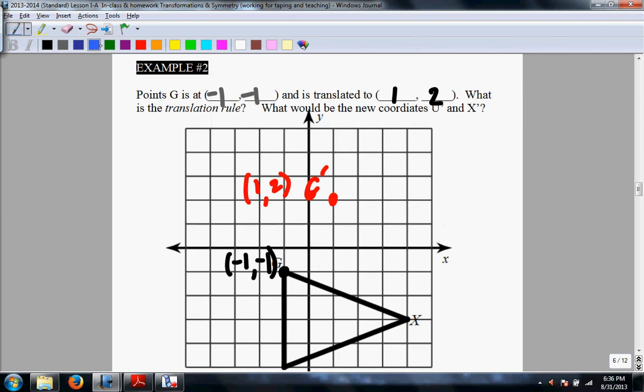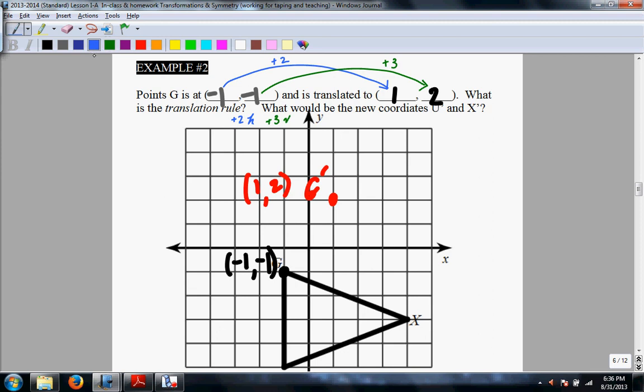Mathematically, what is the difference between -1 and +1? To get from -1 to +1, we know we add 2. To get from -1 to +2, we know we add 3. So our translation rule is +2 for the horizontal and +3 for the vertical.